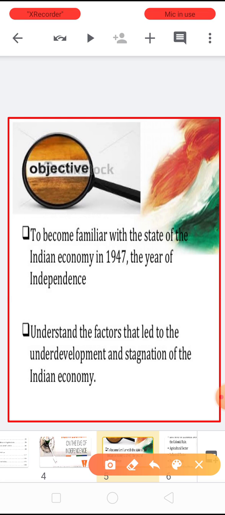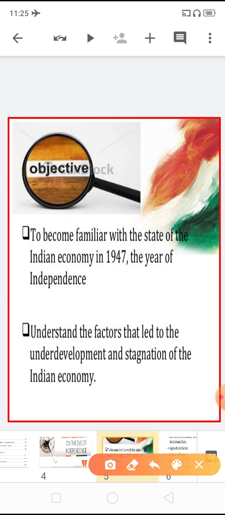Then only we will see the phases of India's economic development. So children, let us learn first the features of the Indian economy prior to independence, during the British rule. This chapter basically makes you familiarize with the state of the Indian economy in 1947, which is the year of independence.